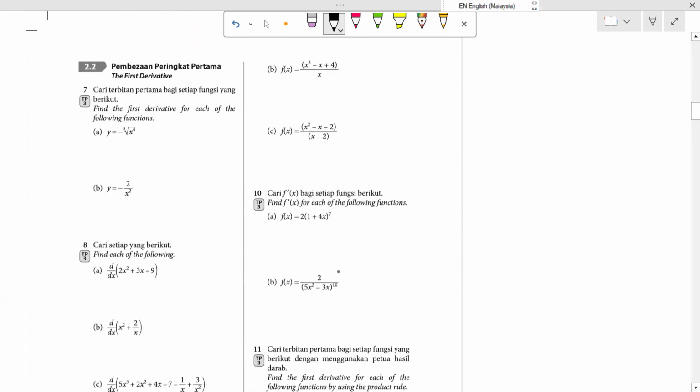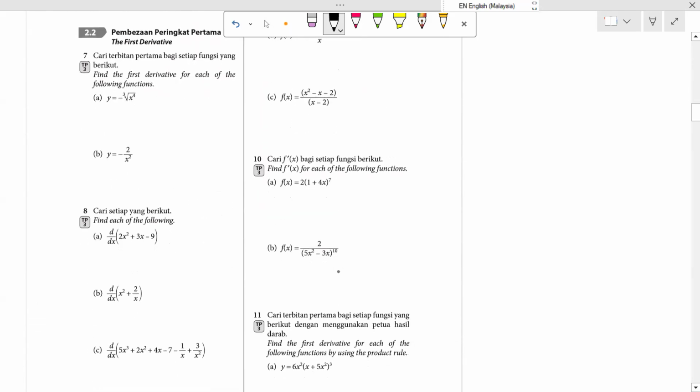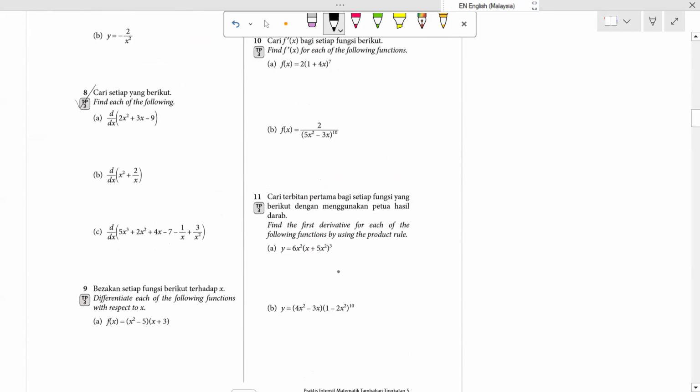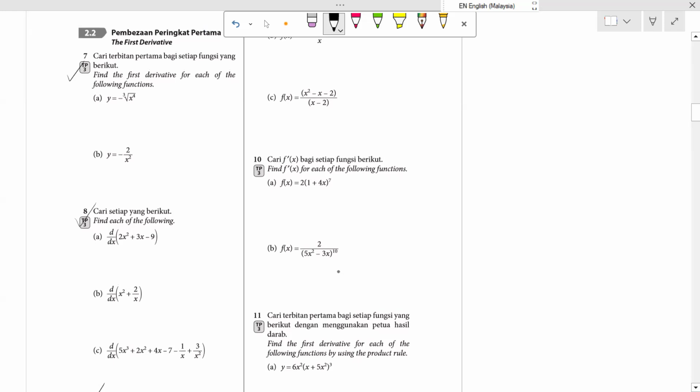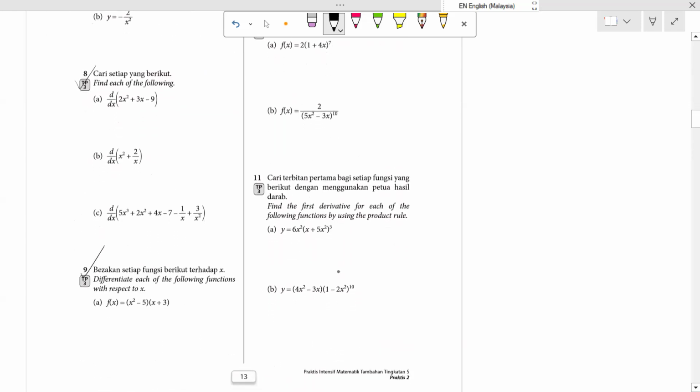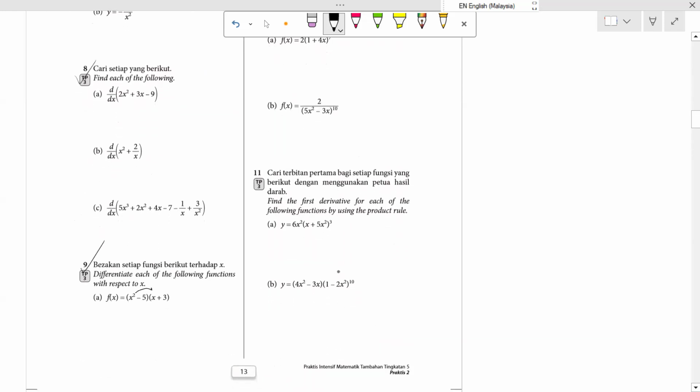Okay? Now, for the first derivative, you can try number 7, number 8, and number 9. Now, for number 9, we only know this kind of derivative. But when you have a product, I think you need to use expansion. You expand first so that it is written as fx plus gx plus hx, and so on.